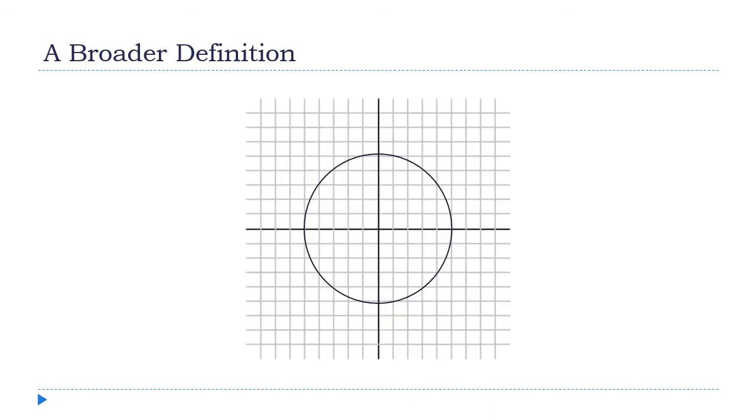So suppose we start with a unit circle, right? That is a circle whose radius is 1. And I'm going to start by drawing an angle in the standard position, like this one.